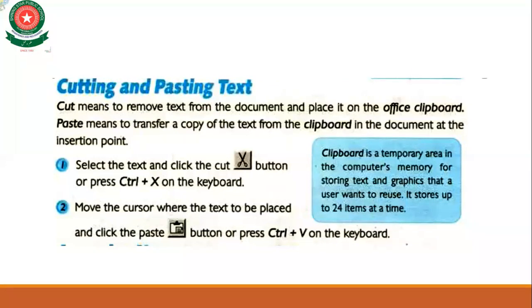If you move the cursor where the text is to be placed and click the Paste button or Ctrl plus V on the keyboard, by doing this, you can cut and paste anything in MS Word.